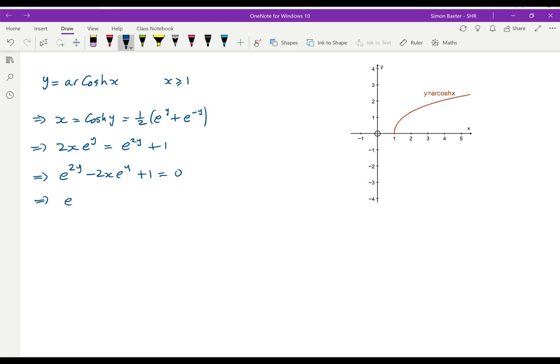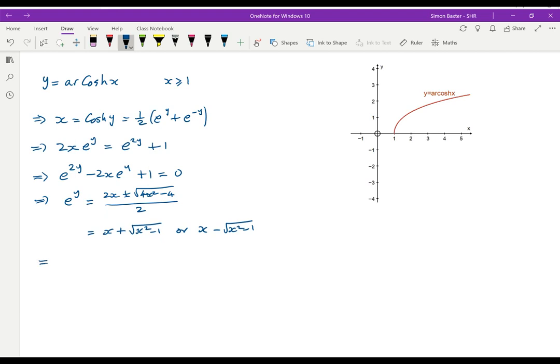That's a quadratic equation again in e to the y. E to the y is minus b plus or minus the square root of b squared, which is 4x squared, minus 4ac, divided by 2a, and that's equal to x plus root x squared minus 1, or x minus root x squared minus 1.